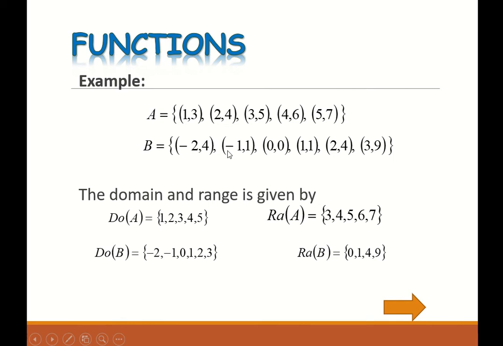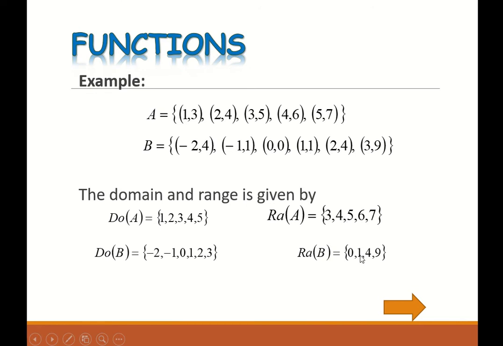The reason is that if you examine the elements here, for the second ordered pair we have negative 1 and 1, and for the fourth ordered pair we have 1 and 1. So for the second element of each pair, we have the same number, 1 and 1, so we need to write this number only once.